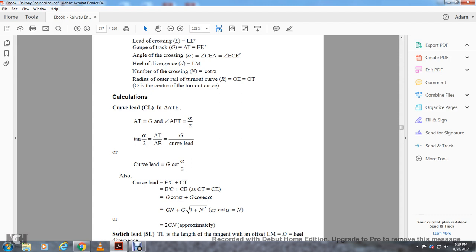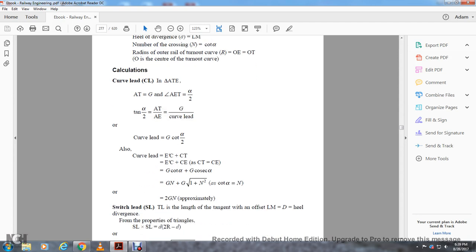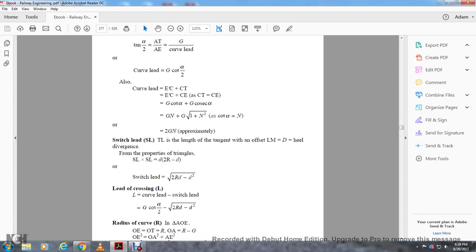That is the gauge times the cotangent of A over 2, and the cosecant of A, and with the gauge and number, the gauge times the square root of 1 plus N squared. Cotangent A is equal to the number N, so the curved lead is approximately 2 gauge number, 2GN approximately.